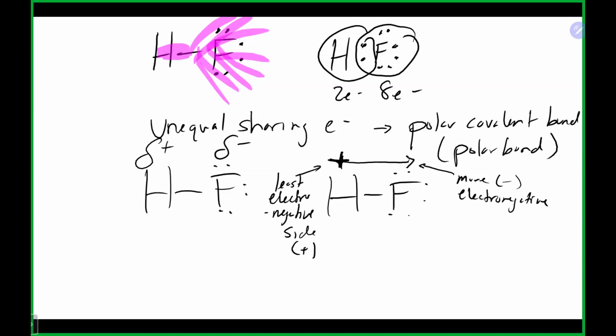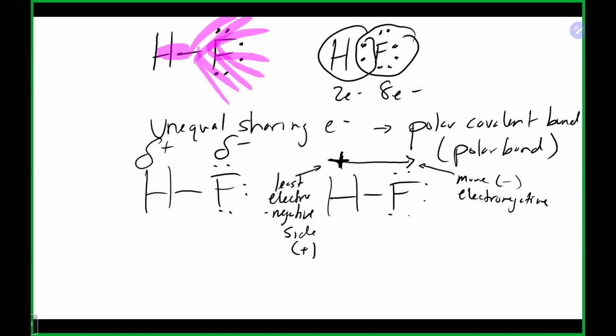Yeah. So why is it partially positive and partially negative and not fully positive and fully negative? What's really happening here is, again, they are still sharing the electrons. There's some aspect of sharing happening in this situation.